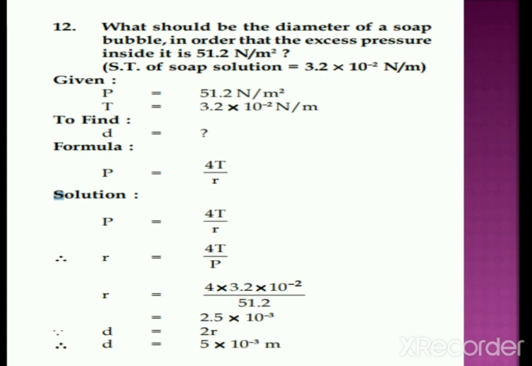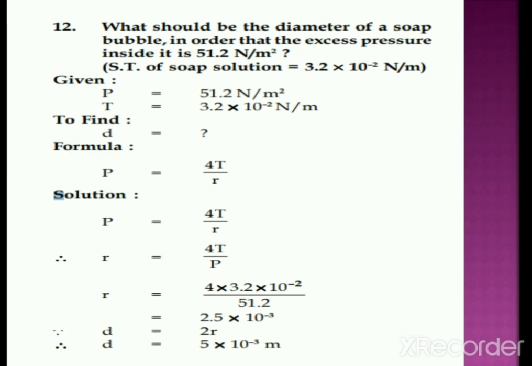Okay, we have to use first the formula, that is excess pressure of air bubble, or we can say excess pressure of soap bubble, that is equal to 4T upon R. And we have to find the diameter, so convert the equation in the radius, so R is equal to 4T upon P. Now put the values of surface tension and excess pressure, then the equation becomes R is equal to 4 into 3.2 into 10 raised to minus 2 divided by 51.2.